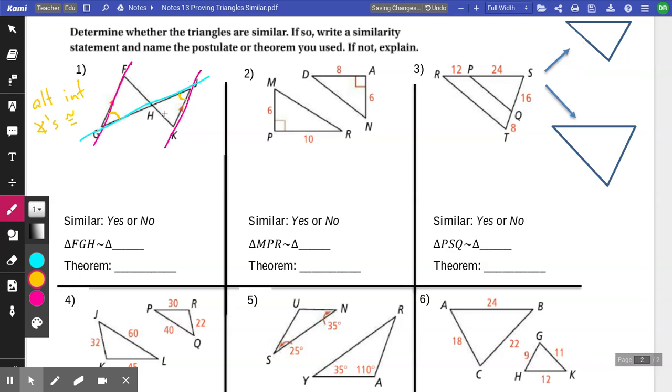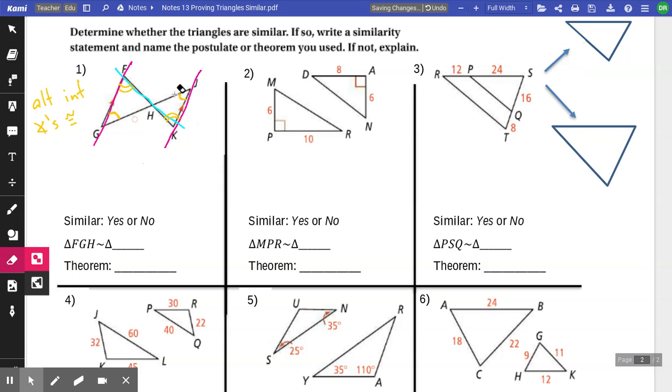So we have alternate interior angles here. You could also say that angles F and K are alternate interior angles for the same reason. So here's a different transversal connecting these parallel lines. And that would be a case of alternate interior angles here and here.